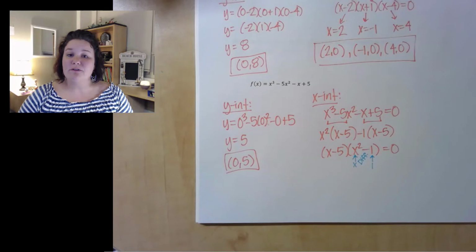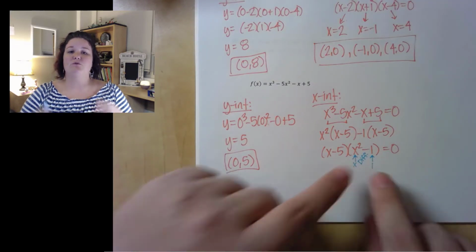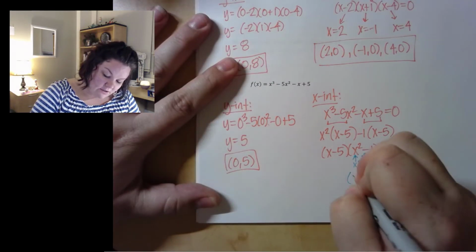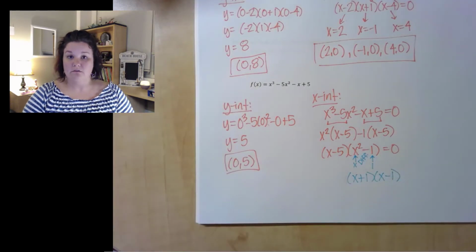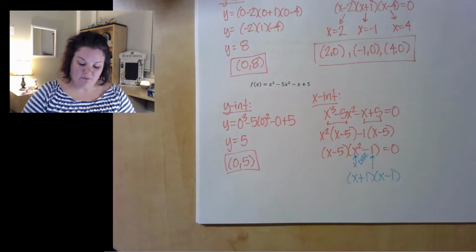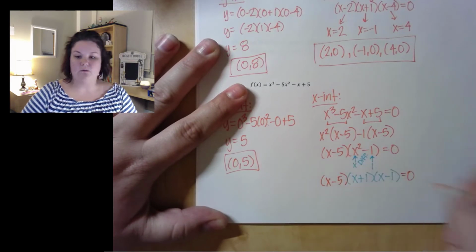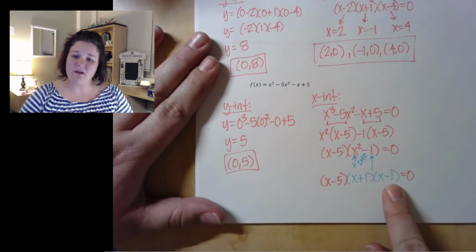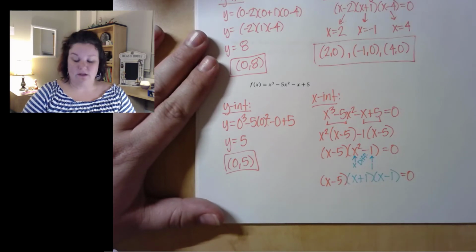Remember, for a difference of squares, once we know what our 2 little bases are that are being squared, we do our first base plus or minus our second. So this is going to factor into x plus 1 times x minus 1. And then we have our other factor of x minus 5 still here on the front, and it's equal to 0. Now that we have it completely factored as far as we can go, we just solve each factor, just like we did on the last one.